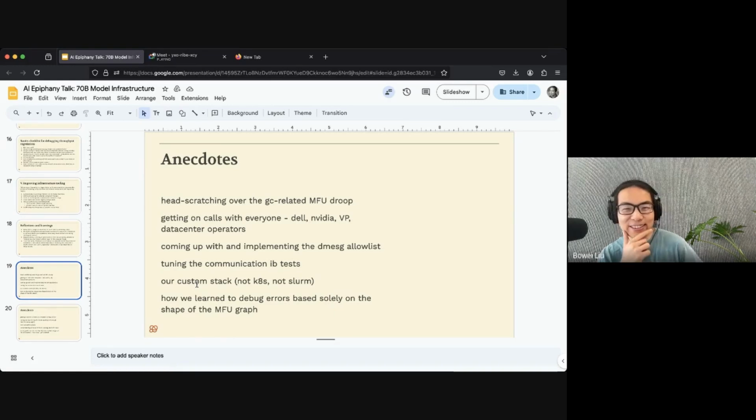But one thing that really made us suspicious is that after we would save a checkpoint, that is when we would see the most increased variance in how much the MFU was degrading. Every time we saved a checkpoint, it would get slightly worse, but in between checkpoints, the droop was roughly constant.